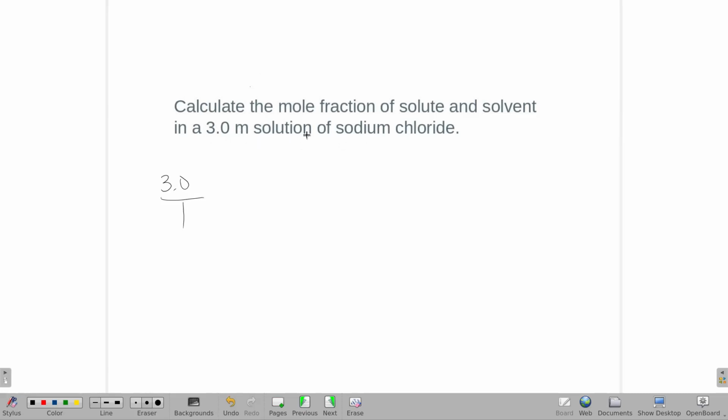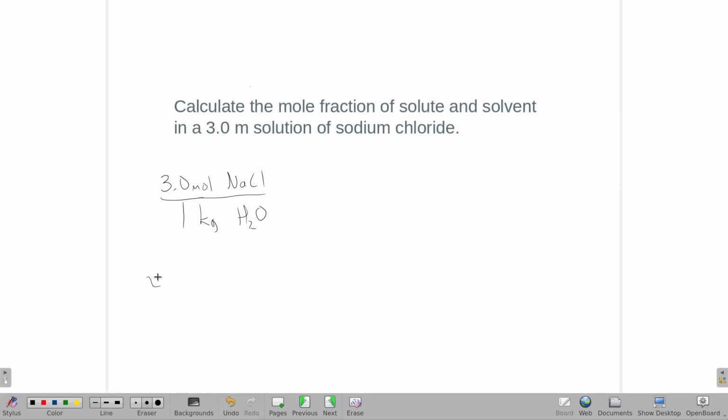So it says it's molality of sodium chloride, so that must be 3 moles of sodium chloride. And since it is molality, that's saying 1 kilogram of water. Now we're not saying that's how much we actually have. We're saying that's the ratio that we must have. All right. Knowing those two components, that's how we're going to build a mole fraction.